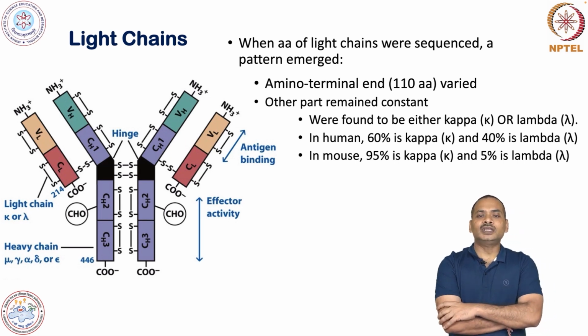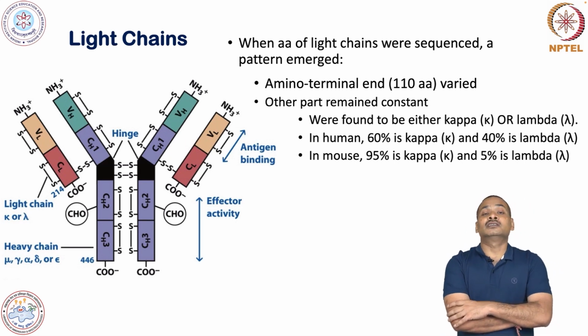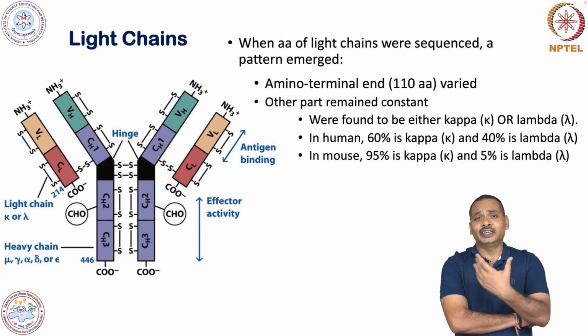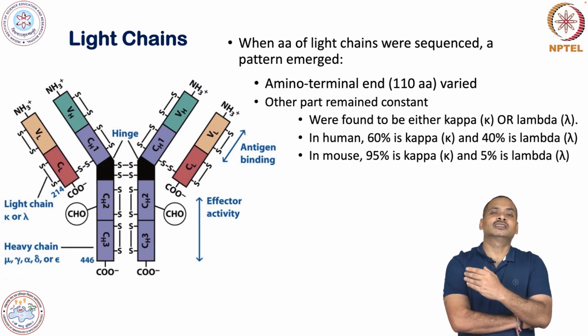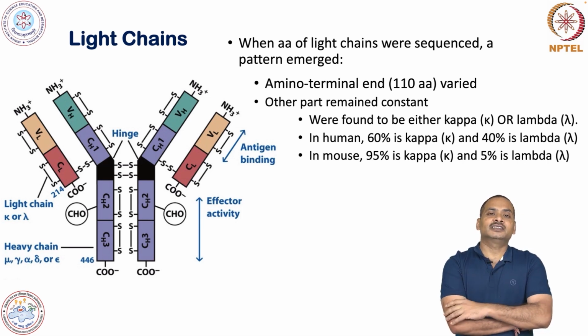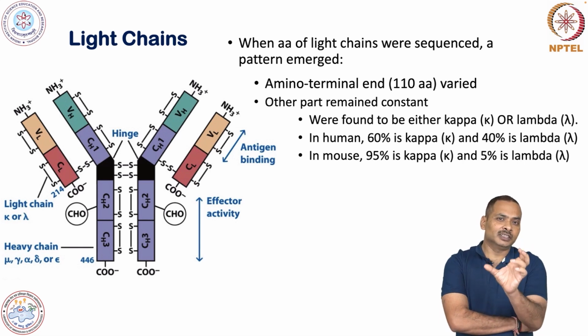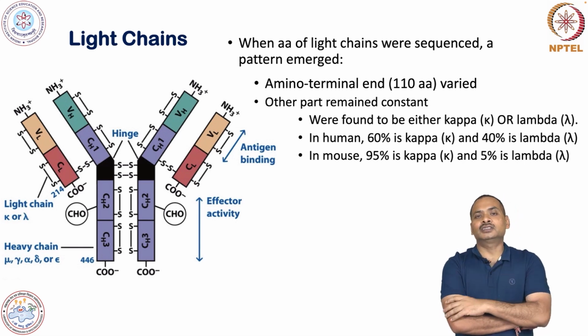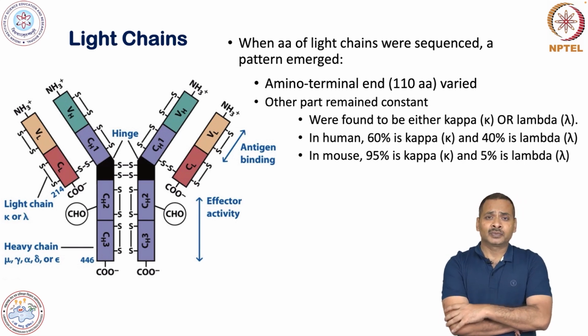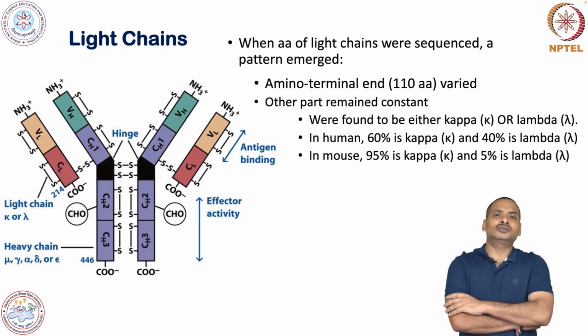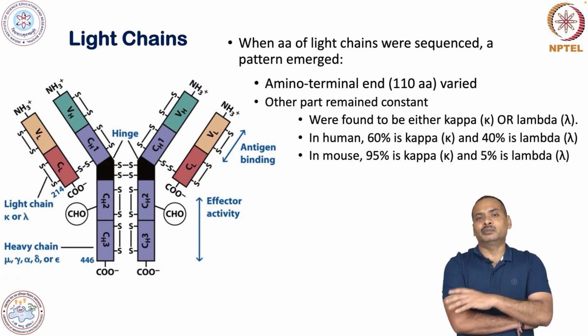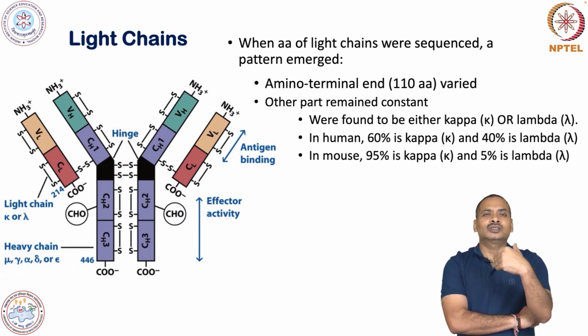Okay. So it again emerged that this light chain has a highly variable region, which consists of approximately 110 amino acids, and the rest, about 100 amino acids, are constant.